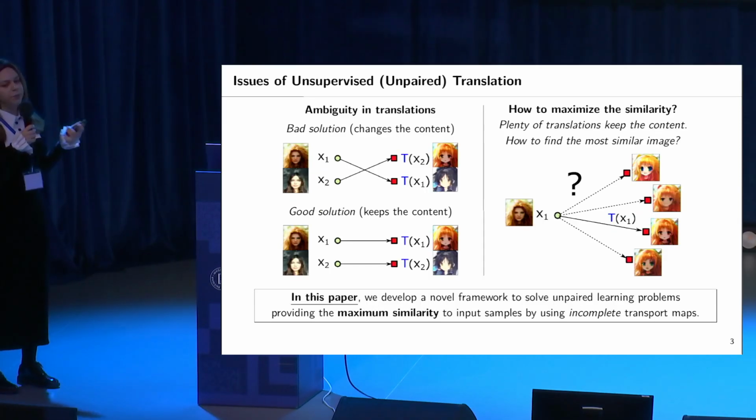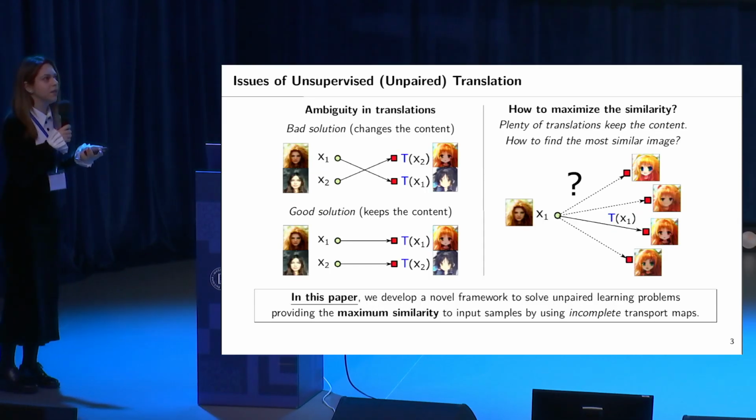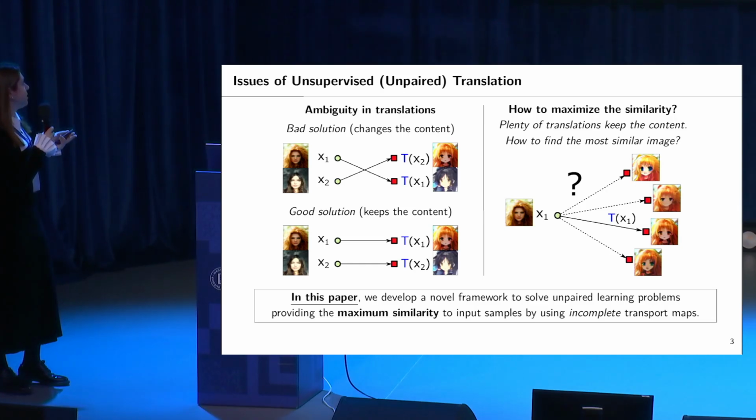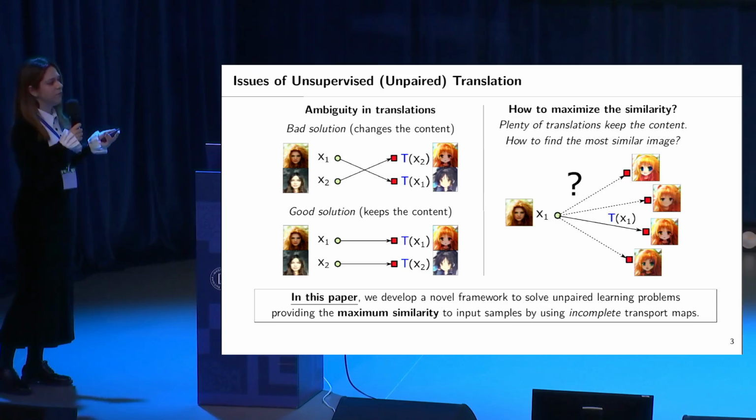This unpaired, unsupervised formulation is much more challenging than the paired one because of different issues. One of the issues is the ambiguity of possible translations. Indeed, there might exist multiple translation maps from the input to the target domain, but not all of them are meaningful.